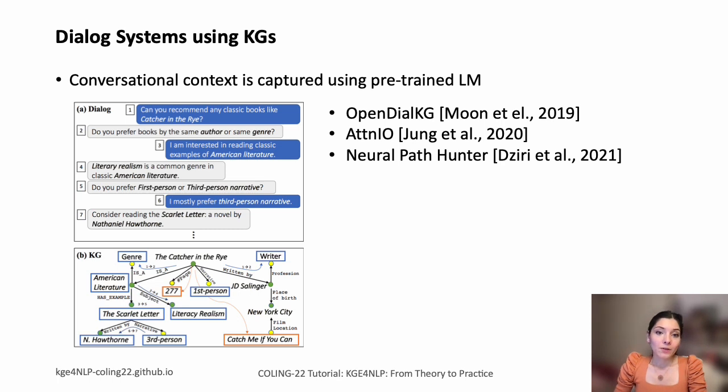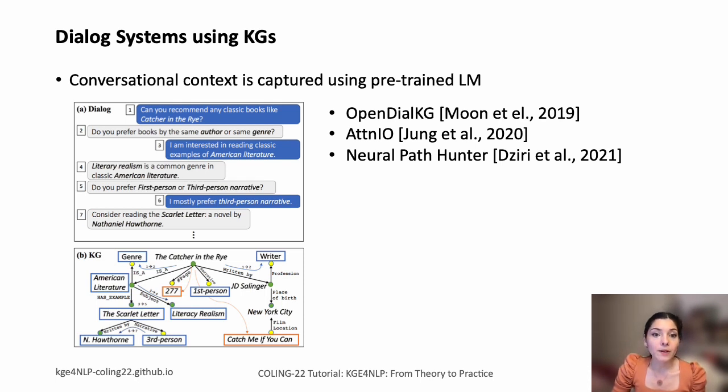Finally, I would like to briefly mention several conversational AI studies which enjoy the structured factual knowledge brought by KGEs. First of all, we can say that OpenDialKG promoted the research on KGE-based conversational AI systems by publishing a large-scale conversational dataset with a rich underlying knowledge graph.